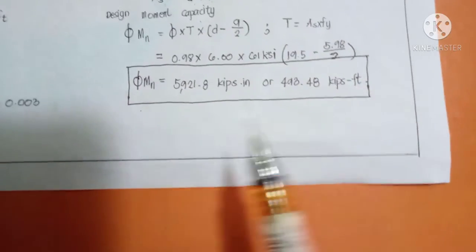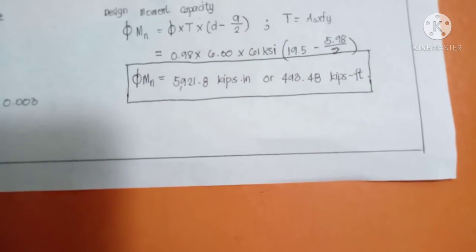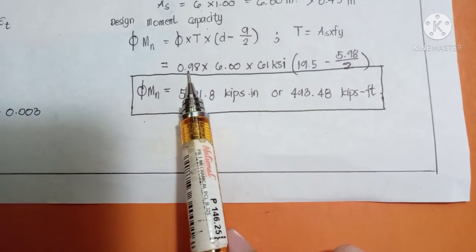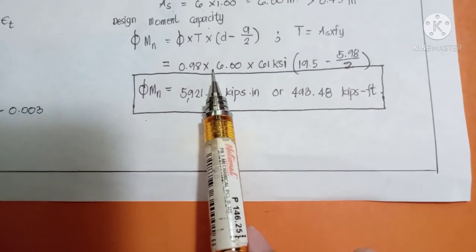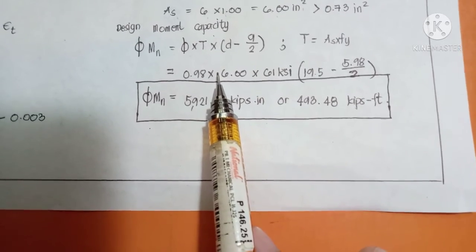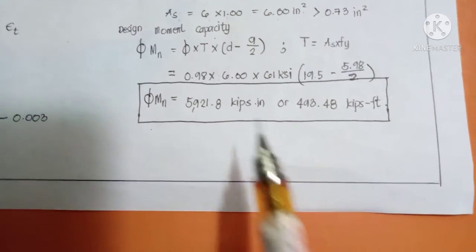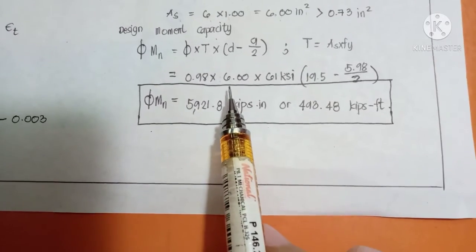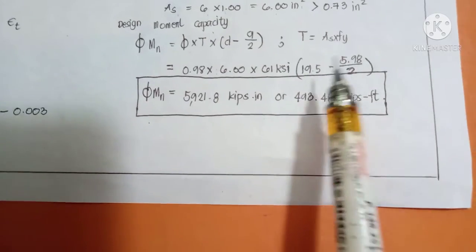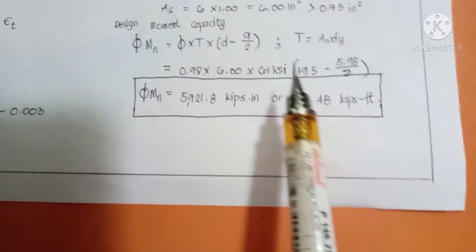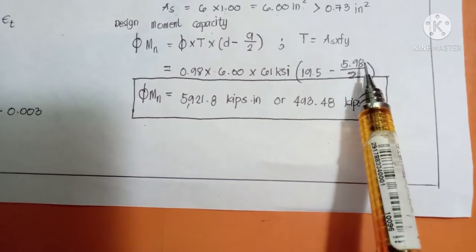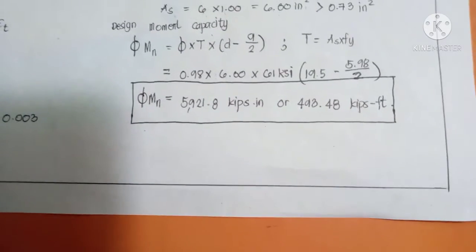Substituting the values, phi is 0.98 multiplied by the tension, which is the area of steel multiplied by Fy, which is 6.00 times 61 ksi, then multiplied by d, which is 19.5 minus 5.98 divided by 2.